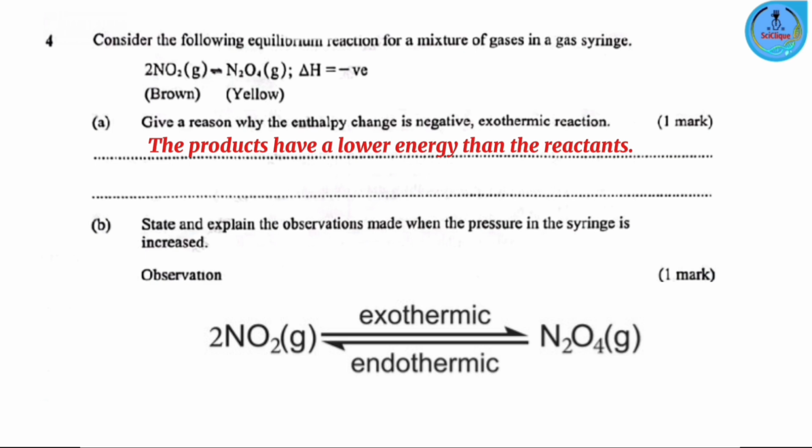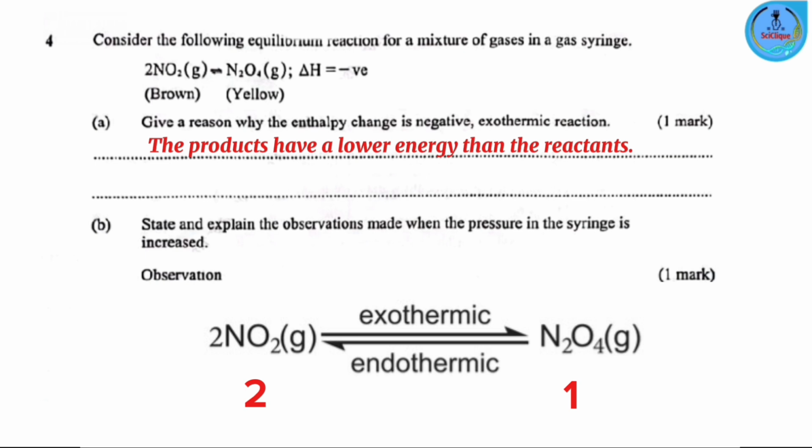Now, what do we mean by the term system? This simply refers to the reactants, the products, and their surroundings. So if you increase the pressure, it's always going to favor the side that has fewer molecules. Now, in this case, on this side of the equation, we have 2 moles of nitrogen dioxide. On the other side, we have just 1 mole of dinitrogen tetraoxide. So that means that this is the side that has fewer molecules.